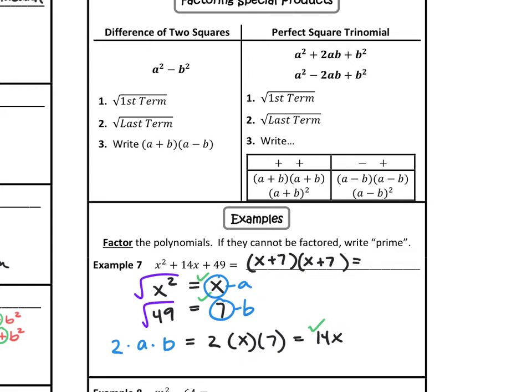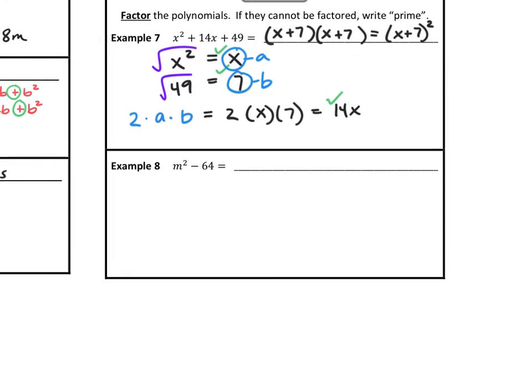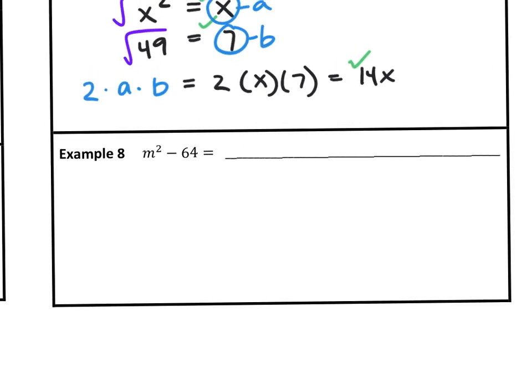Or we can also write it as x plus 7 squared. Whenever we multiply something times itself, we can write it as that term squared, x plus 7 squared. All right, let's keep going. Let me zoom back in.